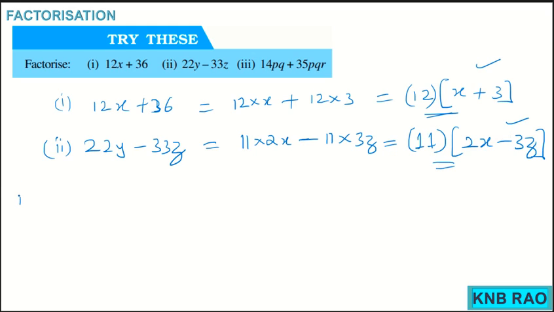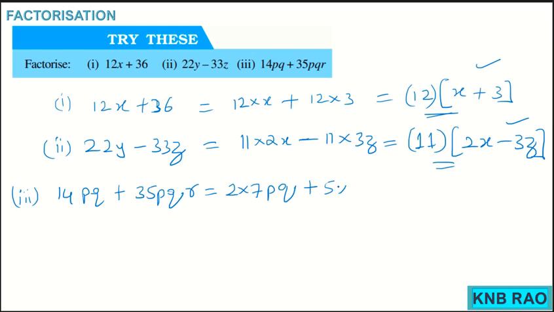So, in the third one, 14pq plus 35pqr, I will write 2 into 7pq plus 5 into 7pqr.